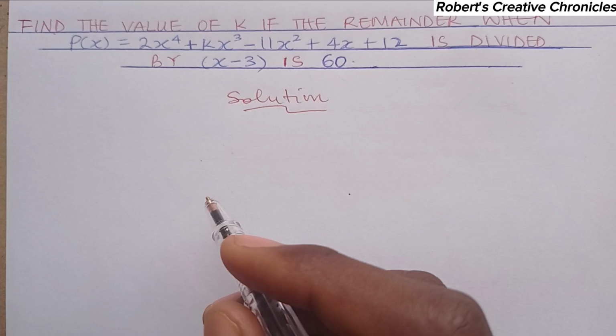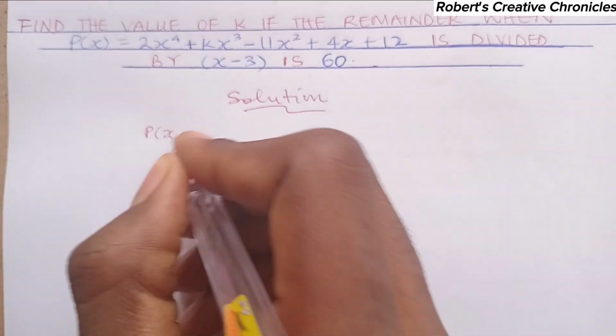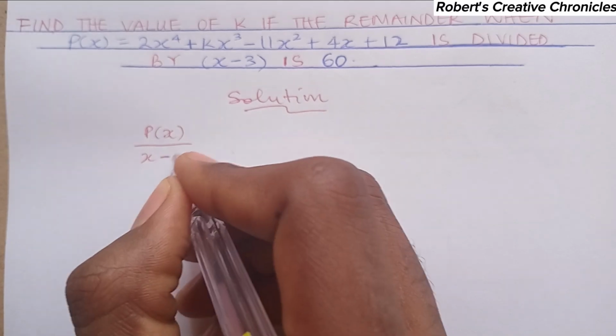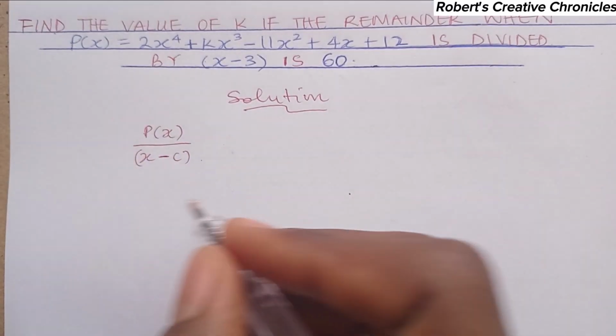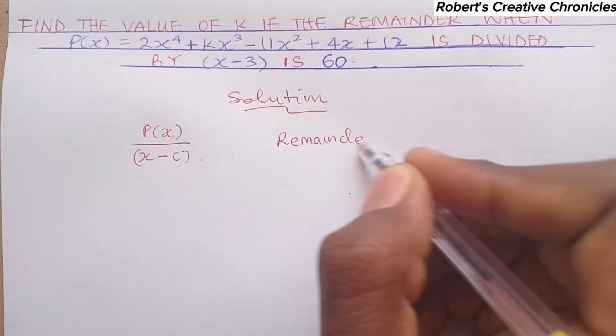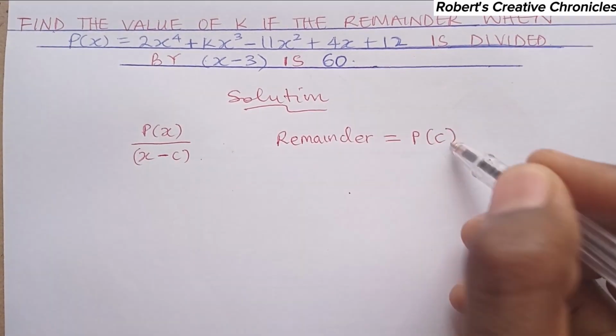The remainder theorem states that when a polynomial p(x) is divided by a linear polynomial, let's say x minus c, then the remainder will be equal to p(c).